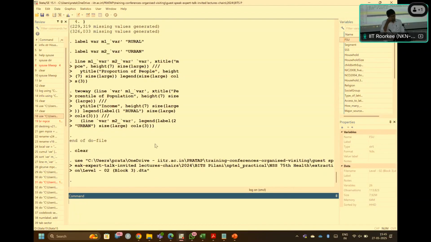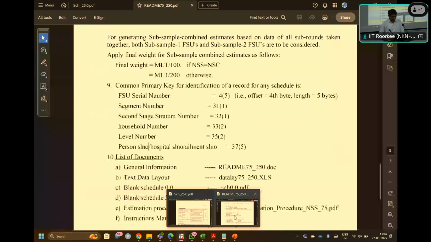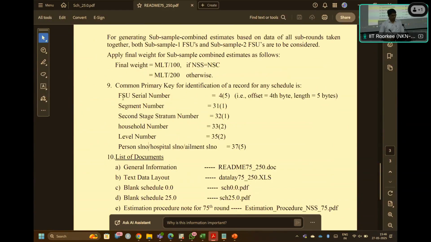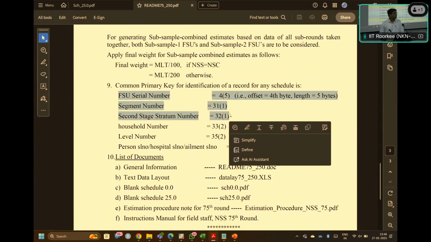So level number 2 is carrying household information, and we need to define, as per the instruction given through the README file, whether these variables are uniquely identified or not.